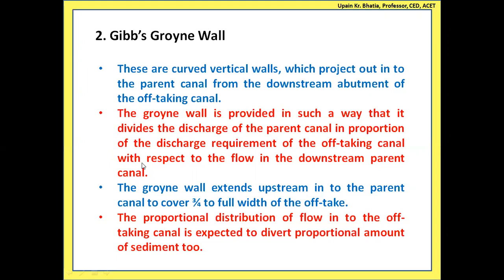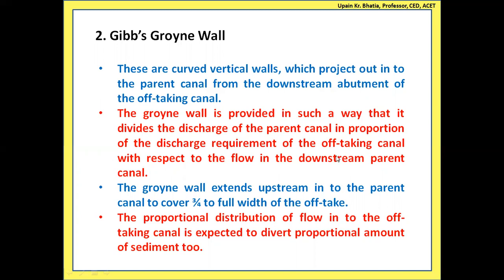If I tell you in simple words, the parent canal, which is carrying a certain quantity of water, is to be divided into two parts. One part will go to the downstream of the parent canal, and the other part will go into the off-taking canal. So these two water quantities will form a proportion.